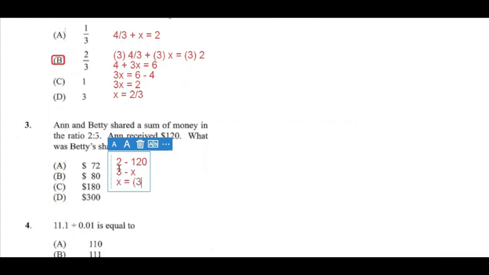So therefore x is equal to 3 multiplied by 120, and all of that is divided by 2. So therefore x is equal to 360 divided by 2, and x is equal to 180. So therefore answer for number 3 is C.